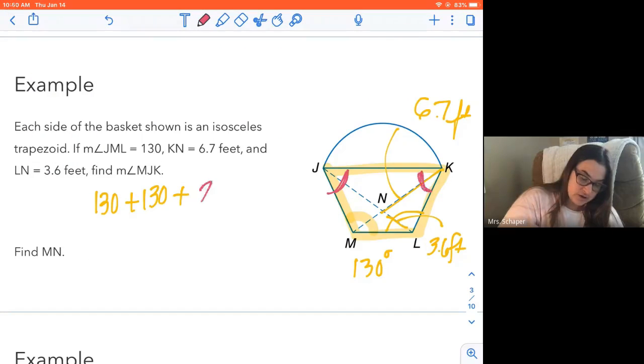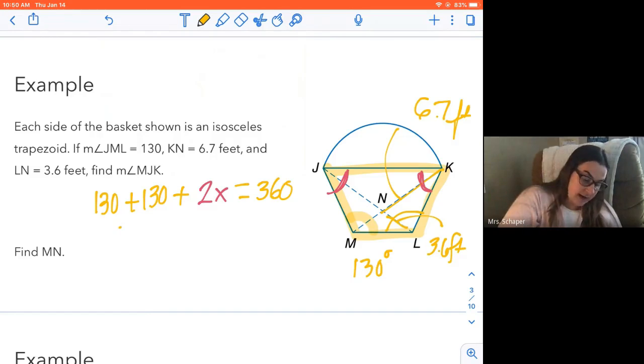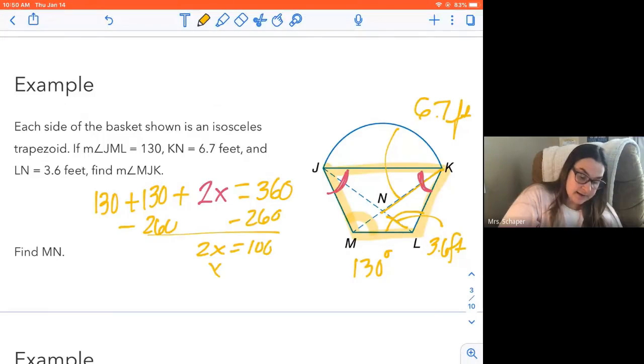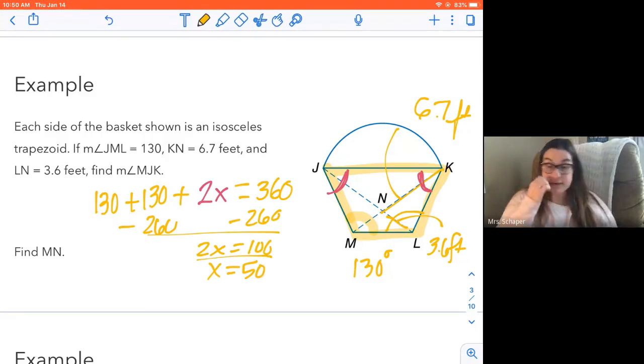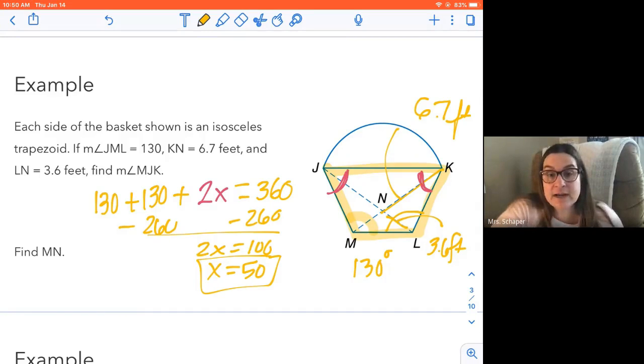So I'm going to say 2 times x. Now that's going to equal 360 degrees. Okay. So if we subtract 260 from both sides, we're going to get that 2x is 100. So x equals 50. Okay. So if x equals 50 and x represents MJK, we're totally good.